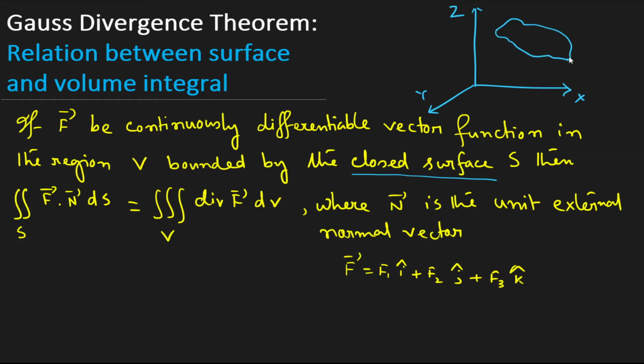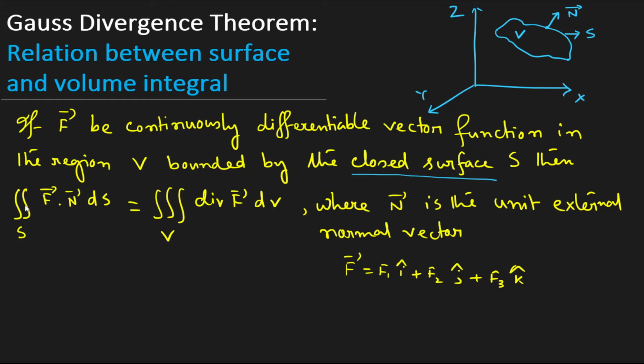This is a three-dimensional figure. Since our screen is two-dimensional, it looks two-dimensional, but it is three-dimensional. Inside this we have some region, the volume of that region is V, and this surface is S. At any point, if we draw a perpendicular along this direction, the normal is N bar.